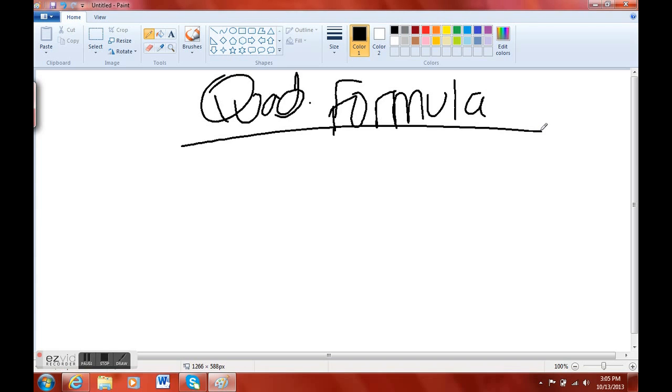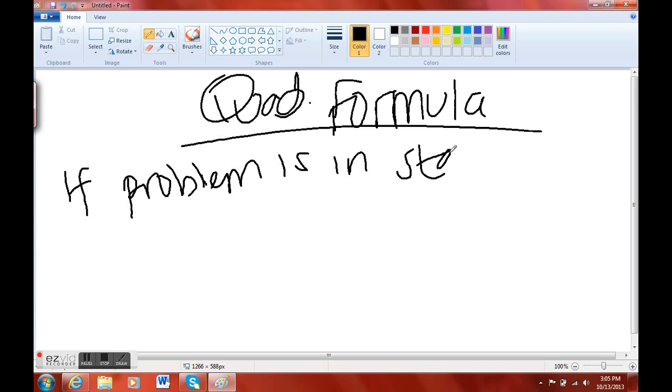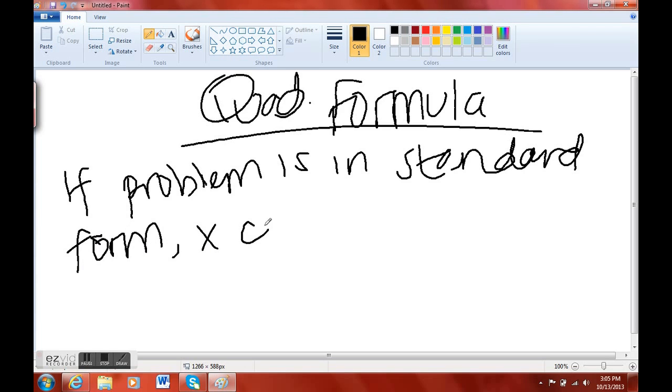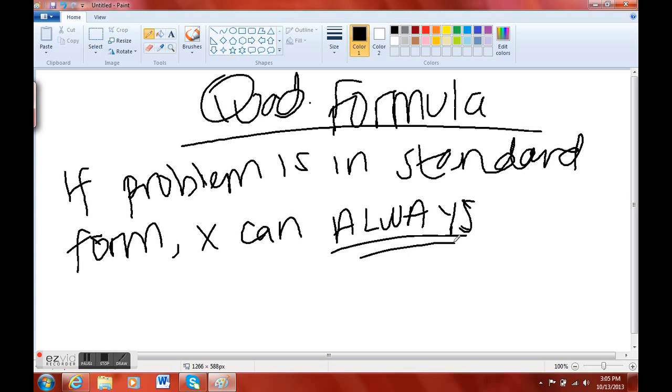And the best way I can put it into words, and make this a verbal form: if a quadratic problem is in standard form, and you can always change a quadratic problem to standard form, x can always be found. Always, always, always. There's no but, always. It can always be found with the quadratic formula.